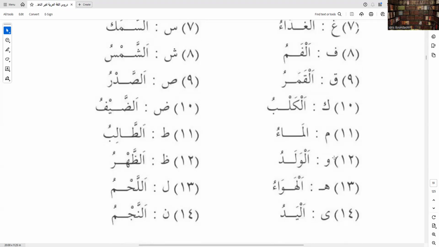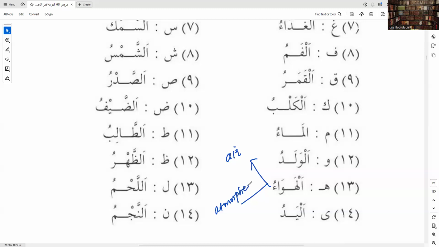Then we have ha, al-hawa'u. Now be very careful here. This ha is a different ha. Some people will call it the big ha, right? This is hawa'u. The word hawa can be the air you breathe, or it can be the atmosphere.